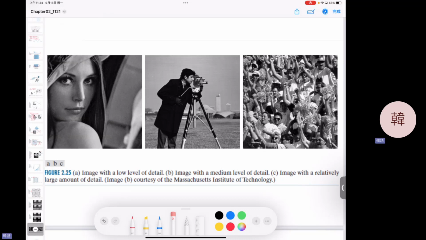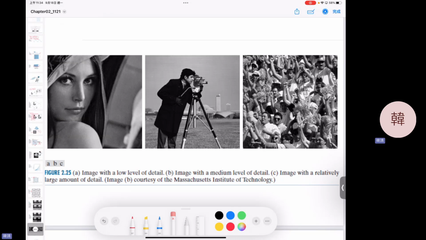And you are going to do some resolution experiments. We are going to change different N and different L for these 3 images and evaluate their image quality. So how do you evaluate the quality of the image?